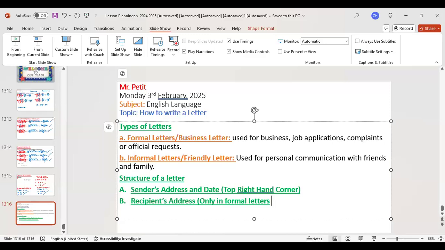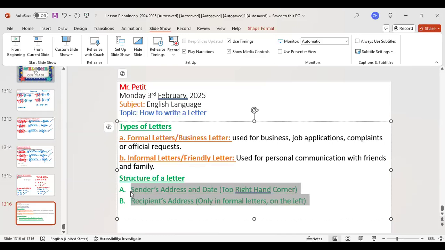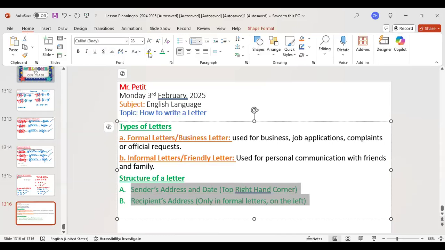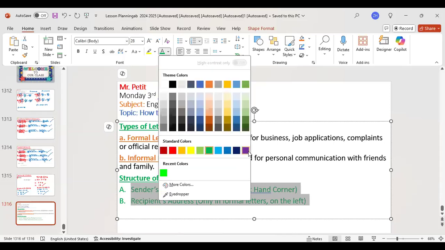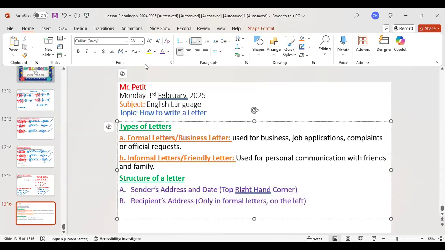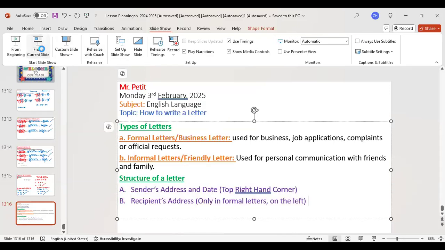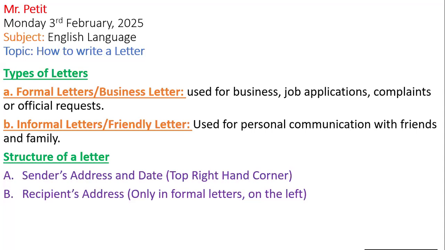And where does that go? On the left, right? So this is only going to be in a business or formal letter, the recipient's address. But the sender's address is always in any letter.